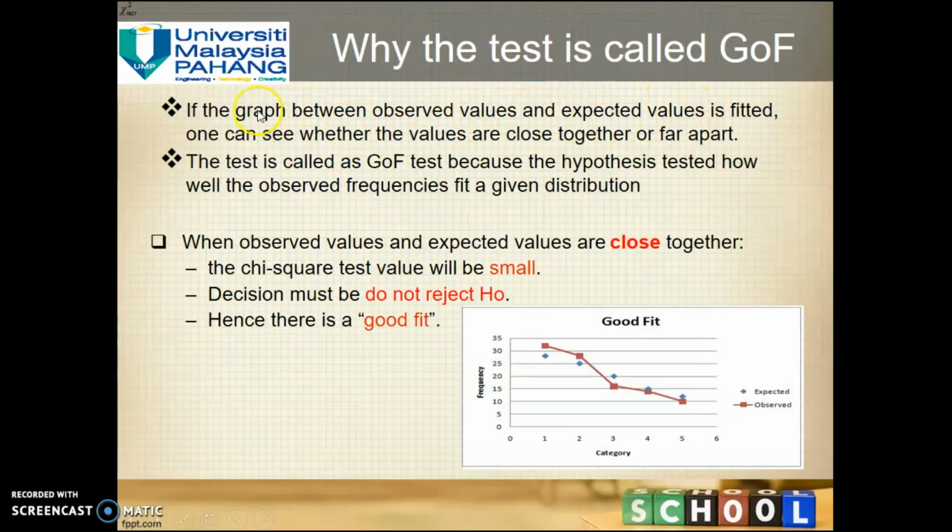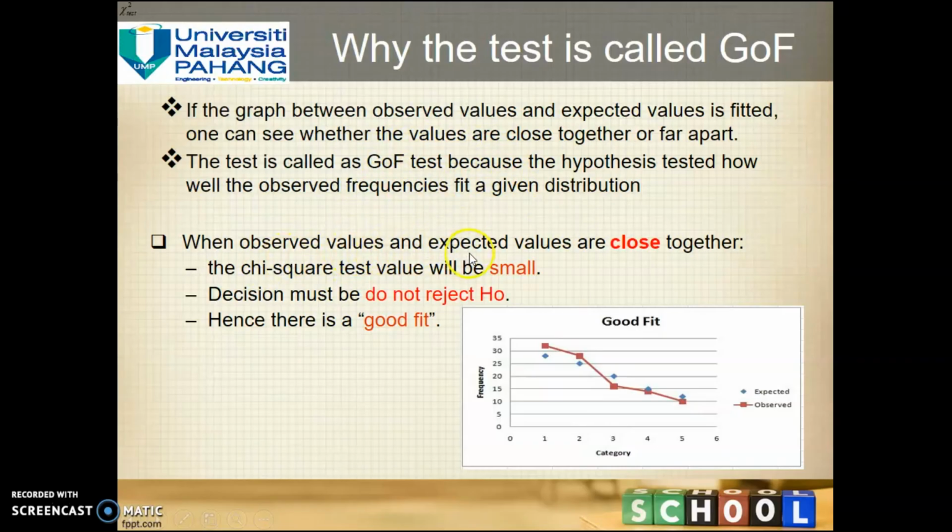If we sketch the graph between the observed value, the data from the actual performance, and the expected value, the data that we calculate, then we can see whether those values are close together or far apart. The test is called a goodness of fit test because the hypothesis tests how well the observed frequency fits a given distribution. This is meant for 6.1.2.